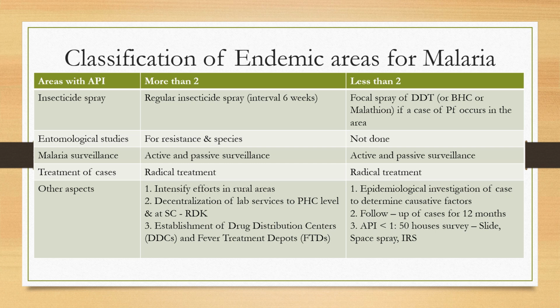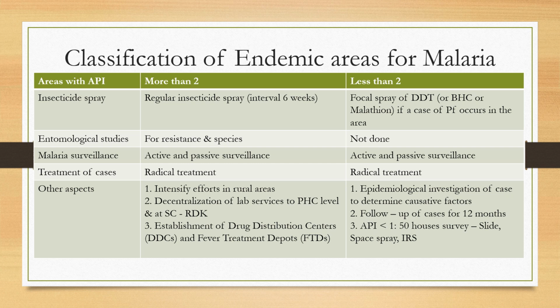The only difference between DDC and FTD is that drug distribution centers are any voluntary person taking up the responsibility for distribution of malaria drugs at community level, so that whenever there is a suspected case, drugs are available locally. While in a fever treatment depot, the voluntary worker is trained for collection of slides. He will collect the slides and hand them over to the male health worker, who will be returning the slides to the PHC.